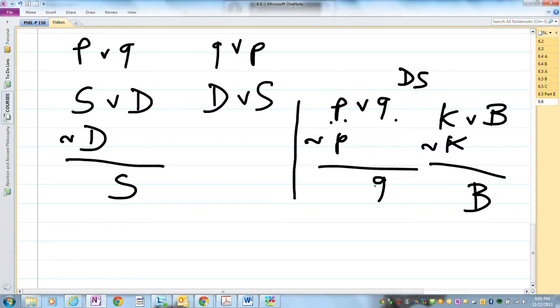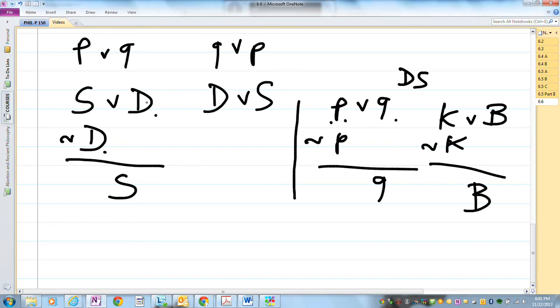They infer the second alternative. But here what is being negated is D, which is the second alternative. So there's a little discrepancy between the form of this argument and the form of disjunctive syllogism as it is stated in general.